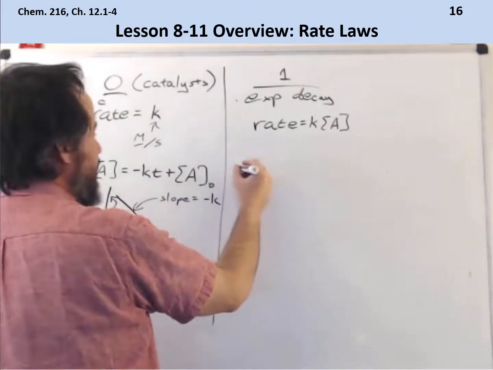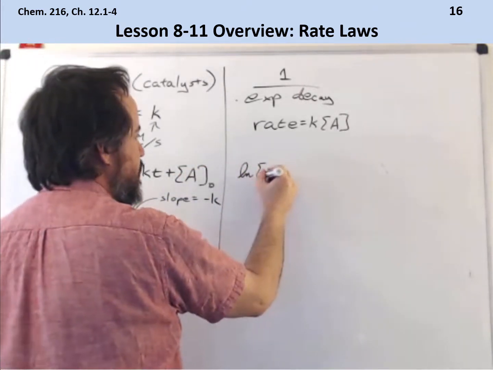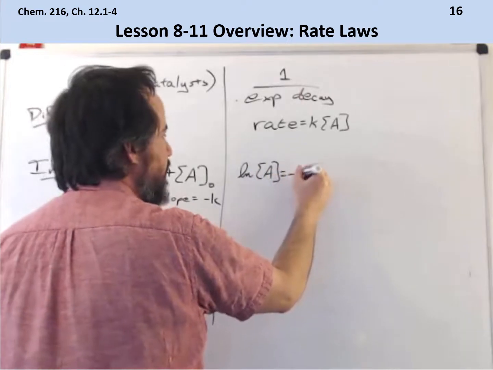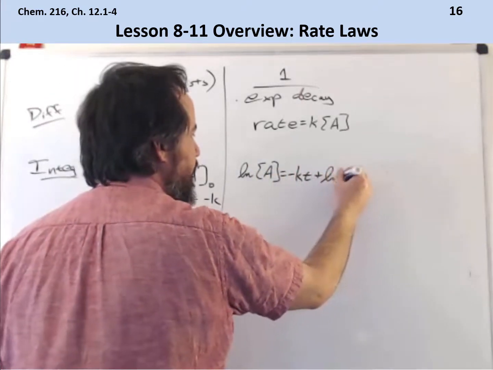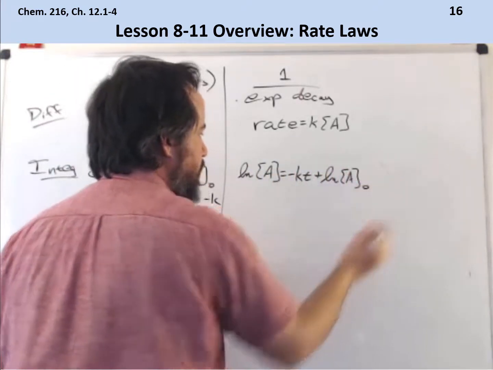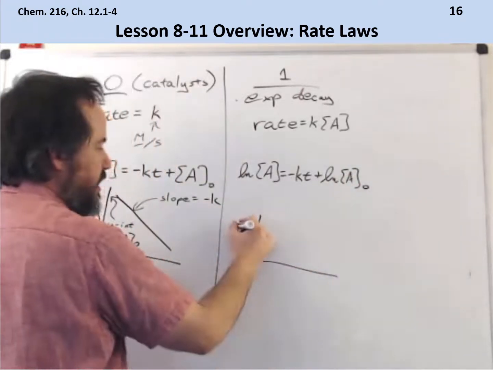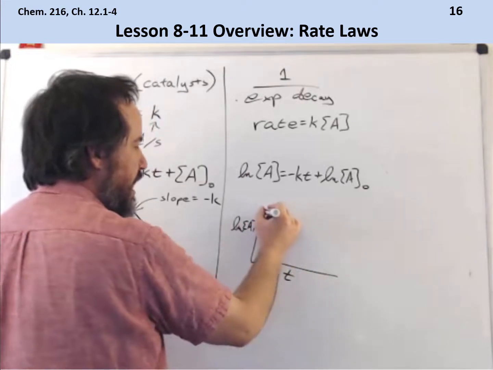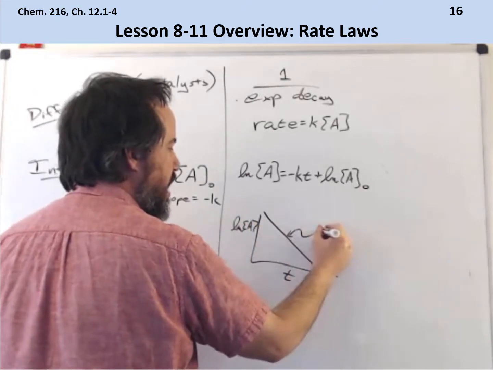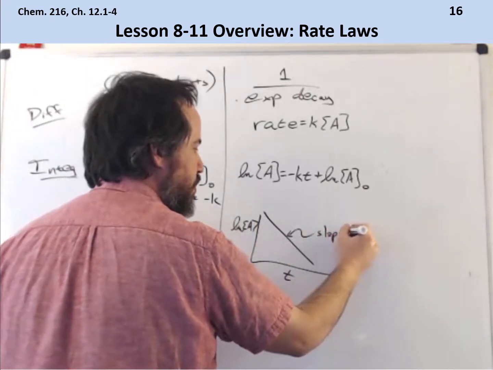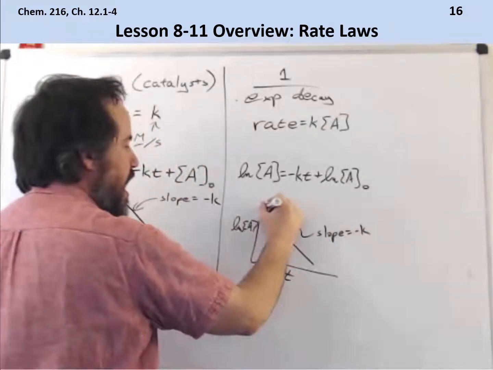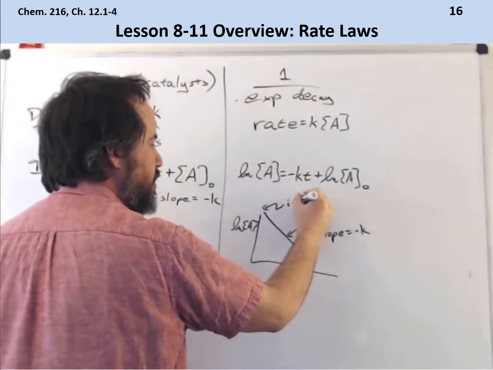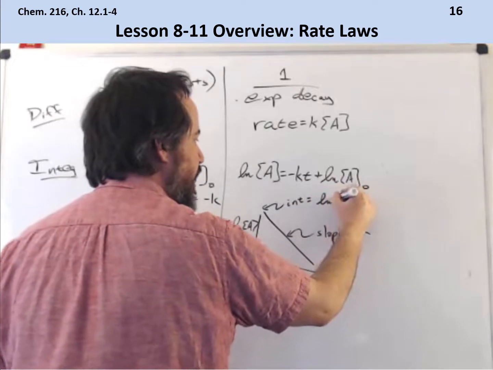Its integrated rate law is ln[A] equals negative kt plus ln[A]0. So if I plot ln[A] versus time, I get a straight line, again, where slope equals negative k, and the y-intercept equals ln[A]0.